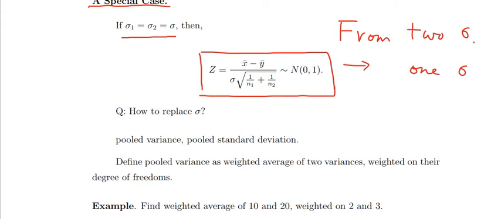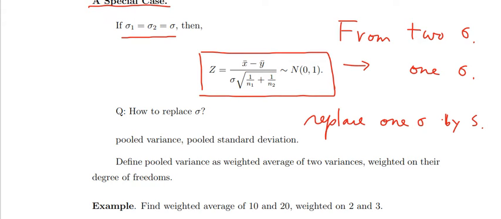If we have only one sigma, then replacing sigma by S, we have exactly a t distribution.